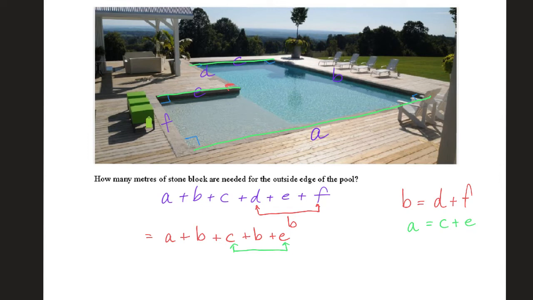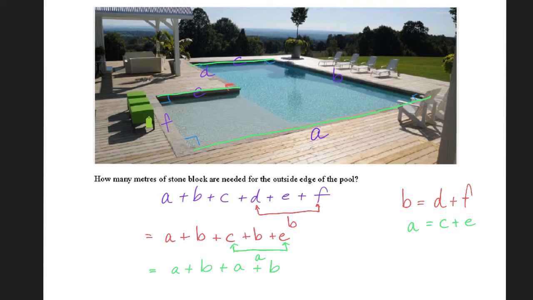There is a C plus E. I know that I can replace that with A. And so we could shrink down that line to an A plus B. I can replace my C plus E with another A, and then I still have that plus B there.